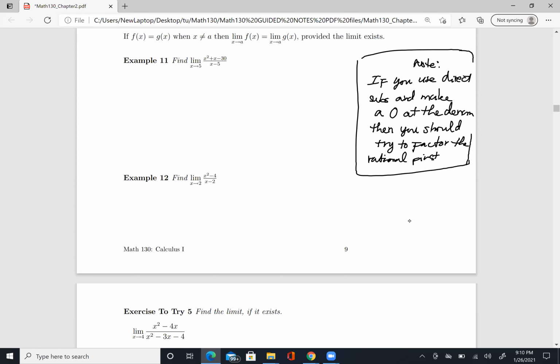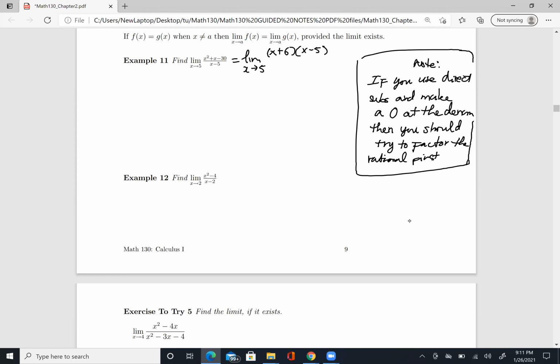If you still remember the way to factor from math 115, you should know that x squared plus x minus 30 will be equal to, for the limit as x goes to 5 first, the top now changes to two factors, which are x plus 6 and x minus 5.